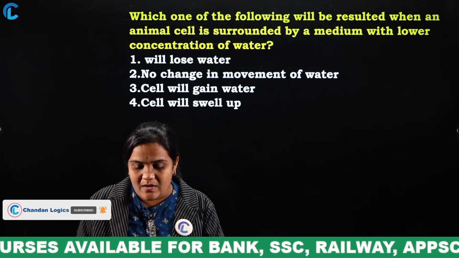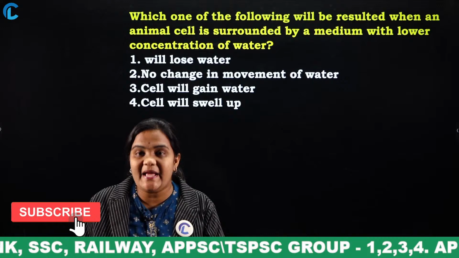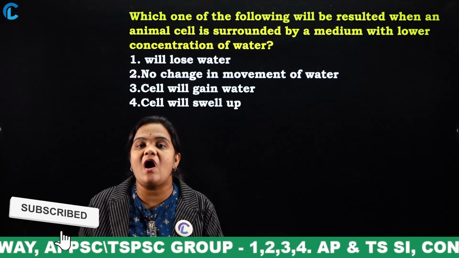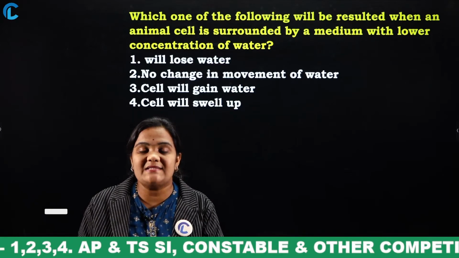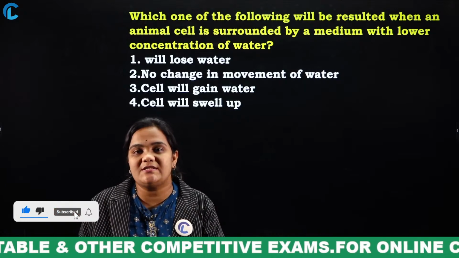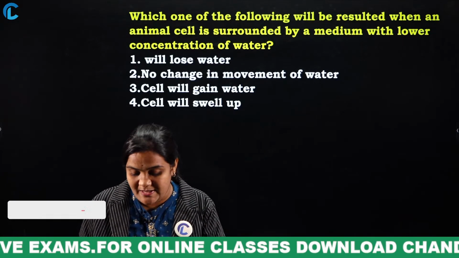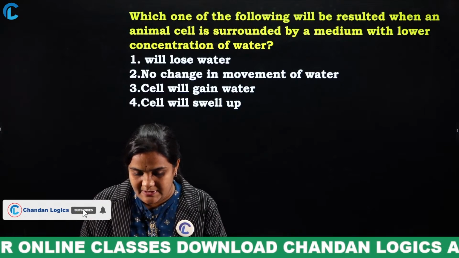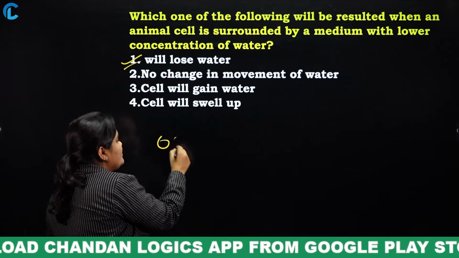According to osmosis, a medium with lower concentration will always attract the medium with higher concentration. As a result, a large amount of water will be lost. This process is known as osmosis. Yes, very good. It will lose water according to osmosis.